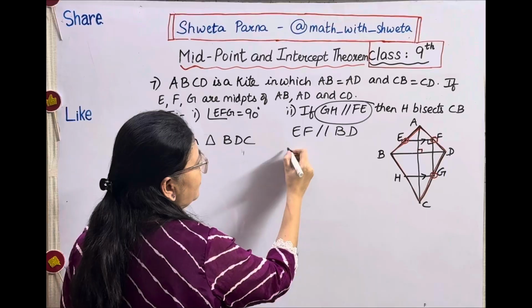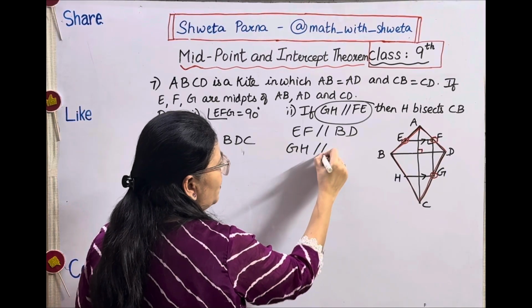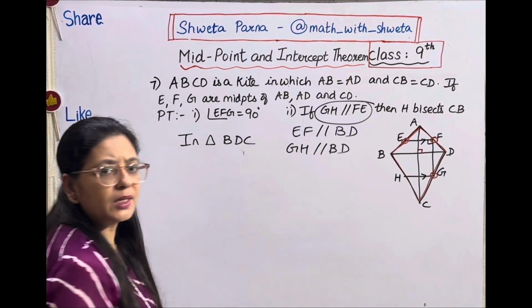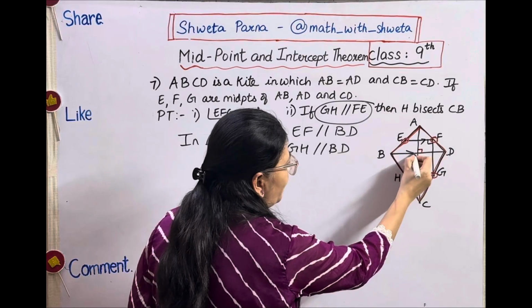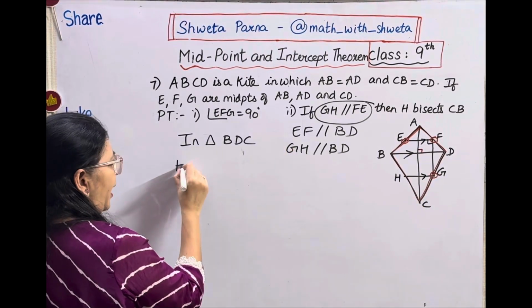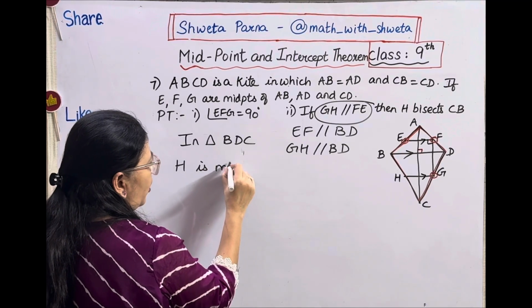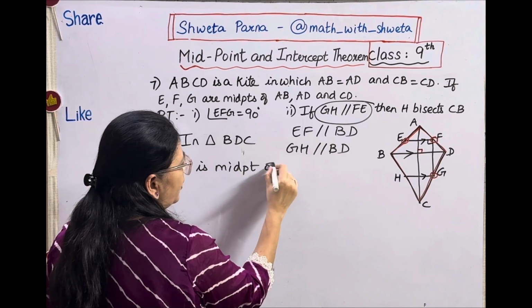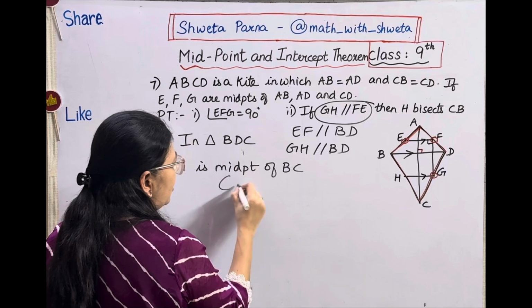So, that means GH will be parallel to BD, correct? Now, if GH is parallel to BD and G is a midpoint, that means H is also a midpoint of BC. What is the reason?